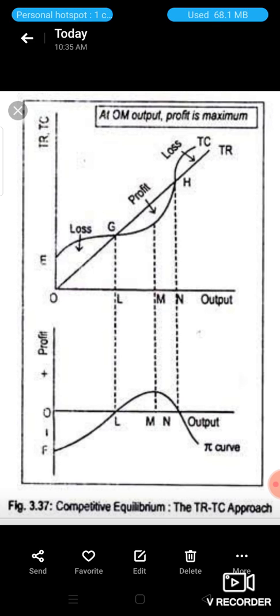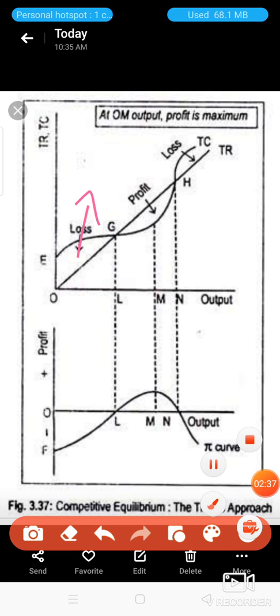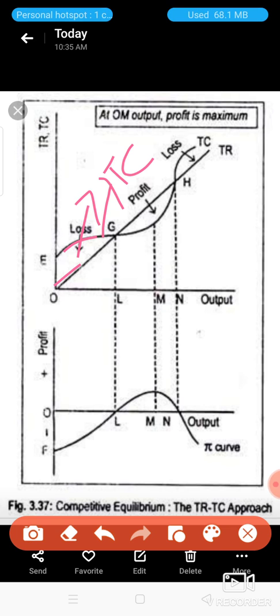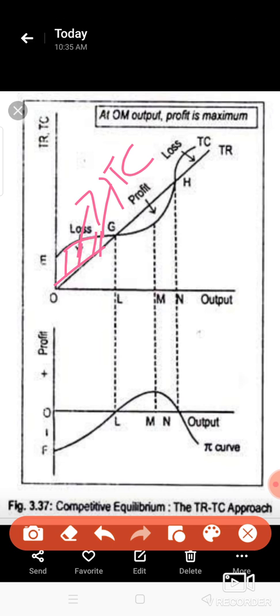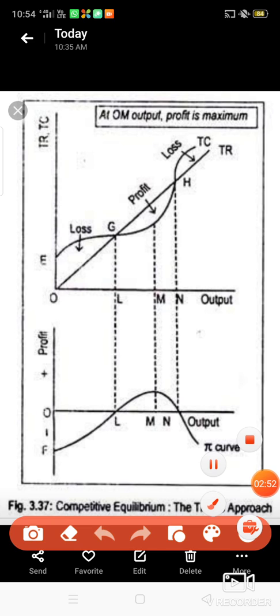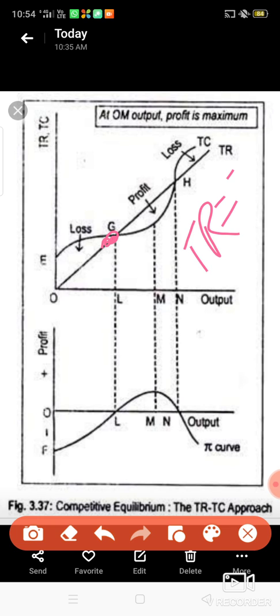So here in this case you can see that this line is total cost. Total cost is more than total revenue, that is the reason this portion is the loss portion. And after then, if you notice this point G, here total revenue is equal to total cost.